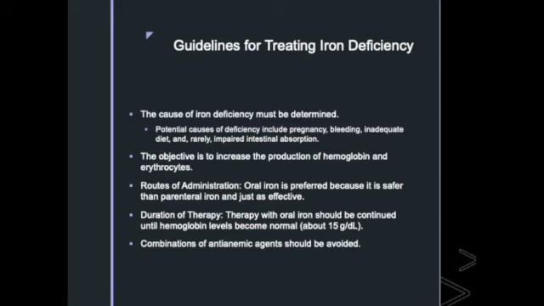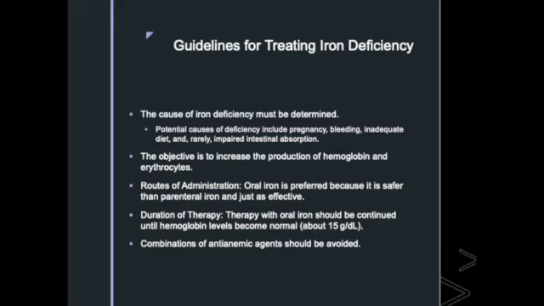When therapy is successful, our reticulocytes are going to increase, and we usually see this within a week. We are hoping for increases in hemoglobin and hematocrit. We use these as lab markers to help us understand if our therapy is improving our patients. Usually within a month, we're going to see elevated levels of hemoglobin and hematocrit. Our hemoglobin specifically should rise at least 2 grams per deciliter within 4 weeks.